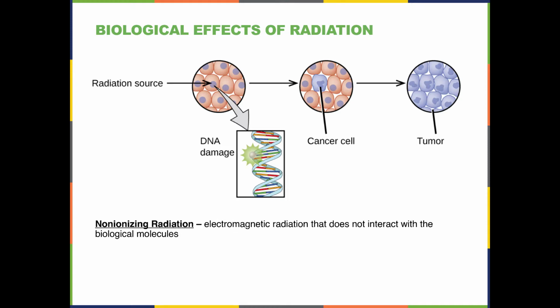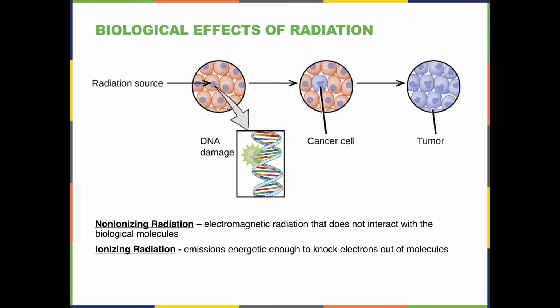There are two kinds of radiation: non-ionizing radiation, which does not interact with biological molecules. In general, that's like light and microwaves. And then ionizing radiation, which does interact with biological molecules and causes electrons to be knocked out of those molecules.